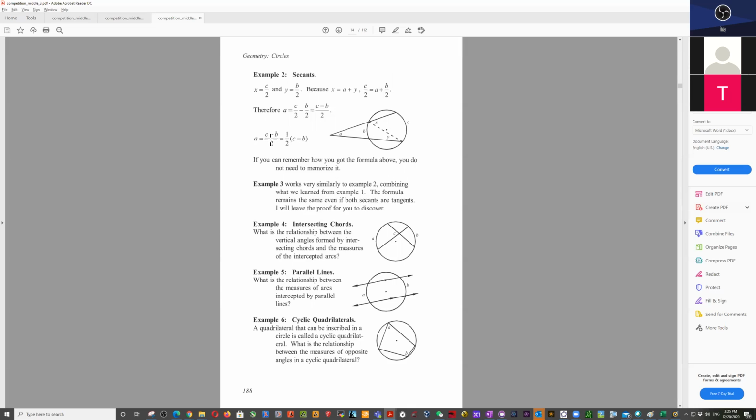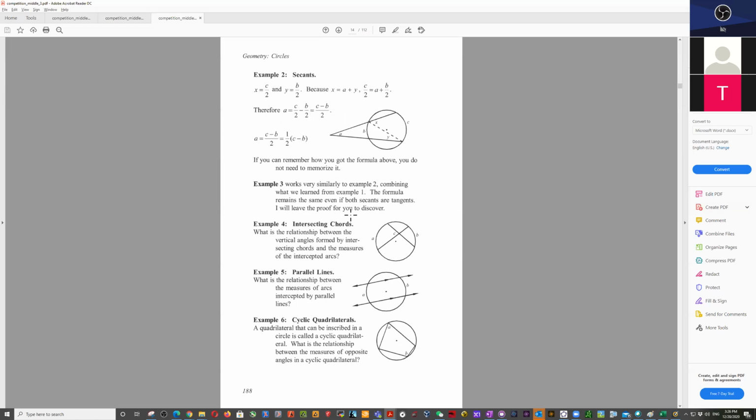The angle A is outside of this shape. A is actually 1/2 the difference of the bigger arc and the small arc, so A equals 1/2 (C minus B). So this is the one.